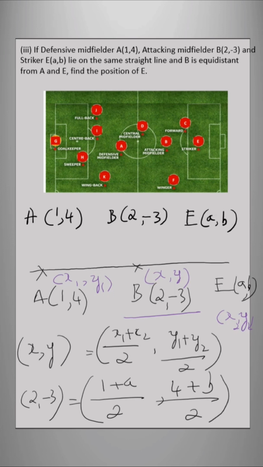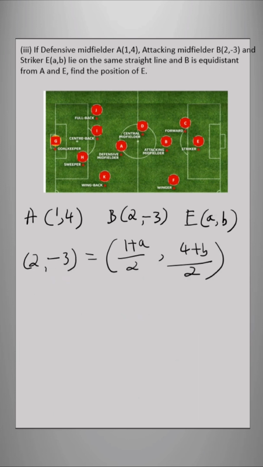So now we have (2, -3) is equal to ((1 plus a) by 2, (4 plus b) by 2). So 2 is equal to (1 plus a) by 2. So it implies that 1 plus a is equal to 4. a is equal to 4 minus 1, 3.